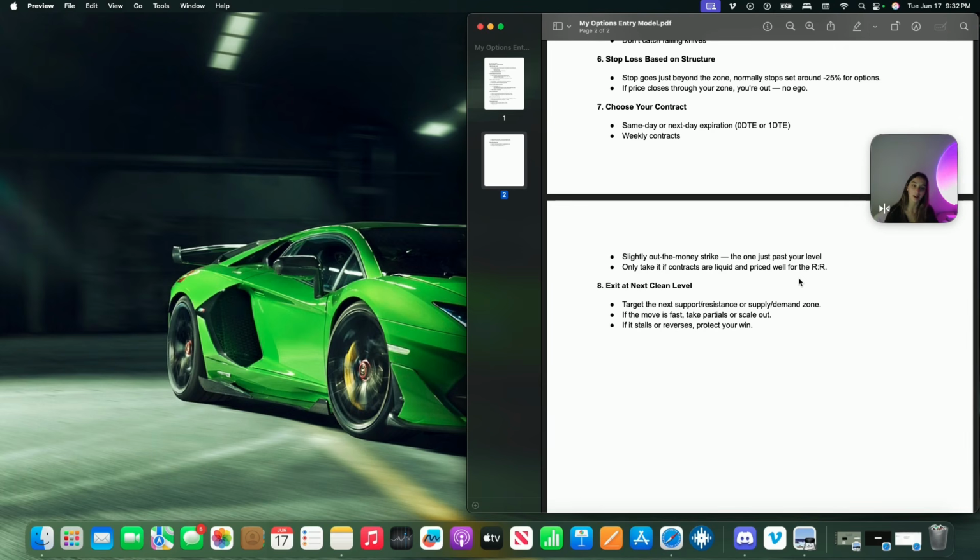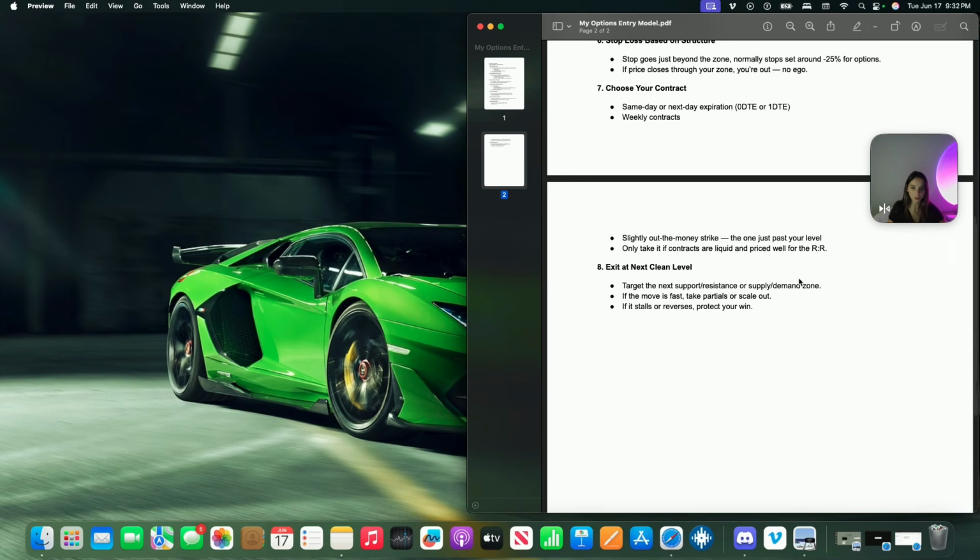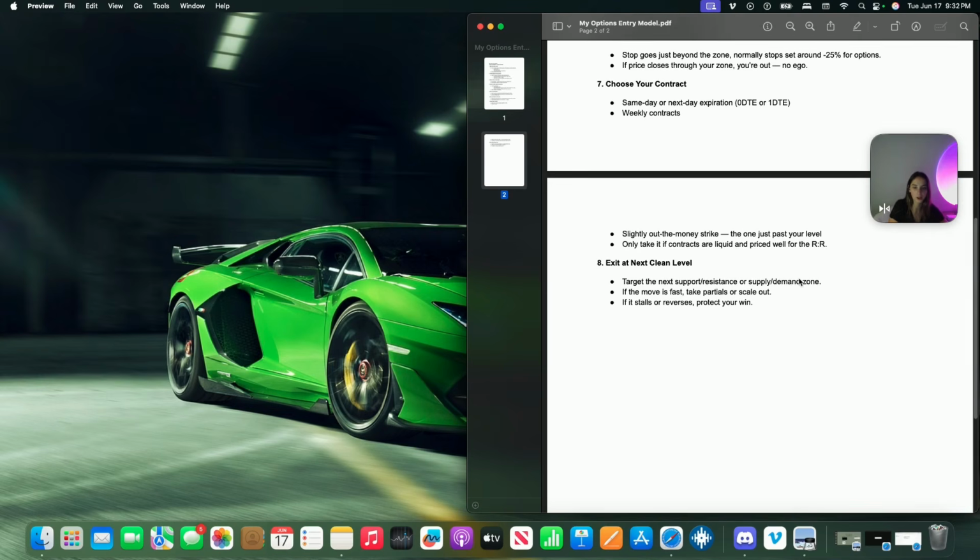depending on what I'm entering exactly. Again, choosing your contract is more based on yourself, but this is kind of how I choose my contracts. Only take contracts that are liquid and priced well for RR. That is super important. You don't want to be taking a contract that is going to cost you $10 and now you're risking, maybe you're taking 3 of those contracts.